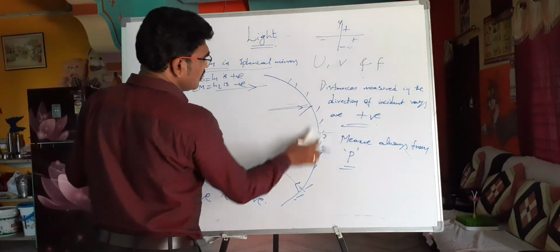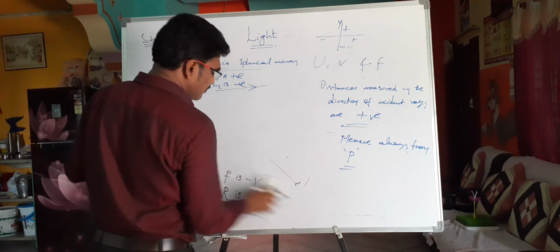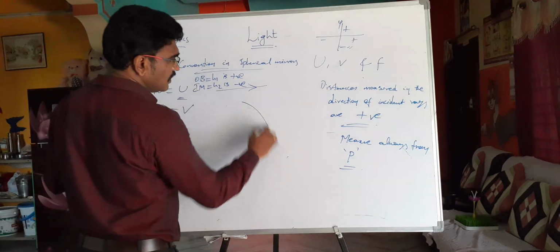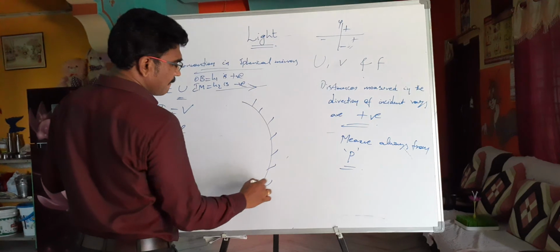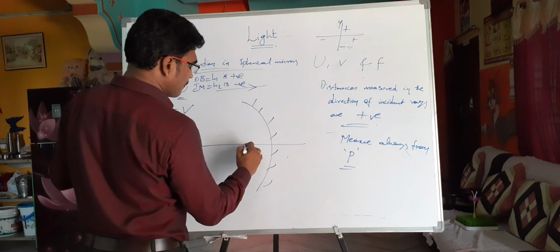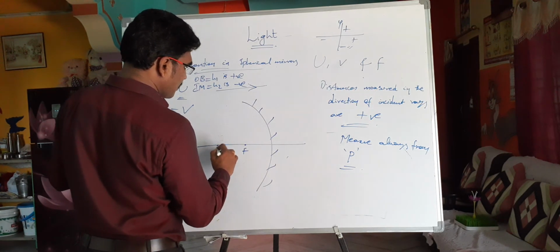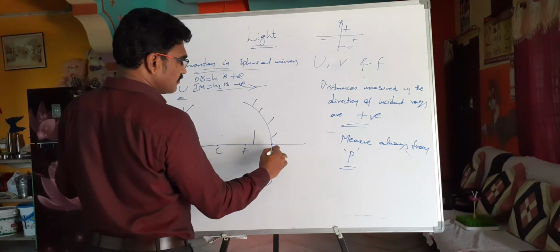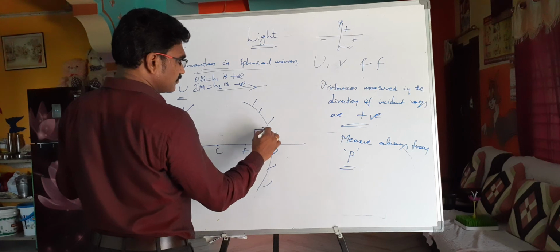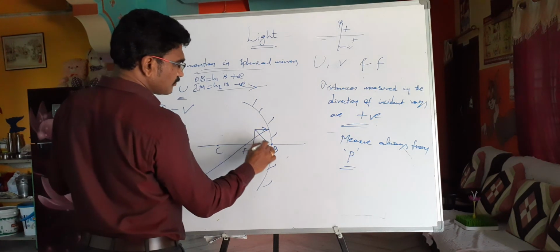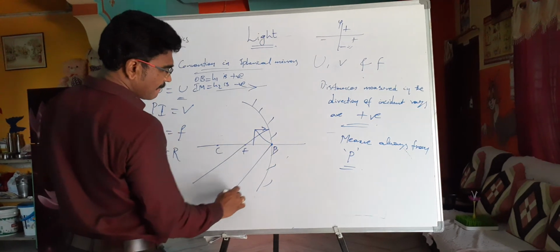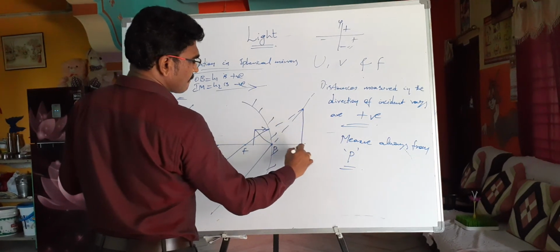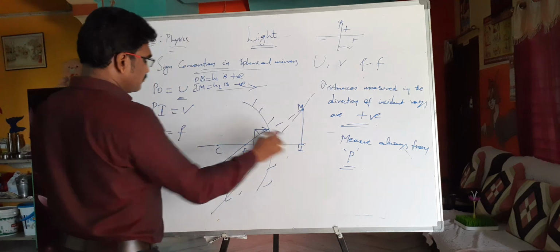Now another one also we'll take here. For example, here the object is here. Now this is P. What is PI?